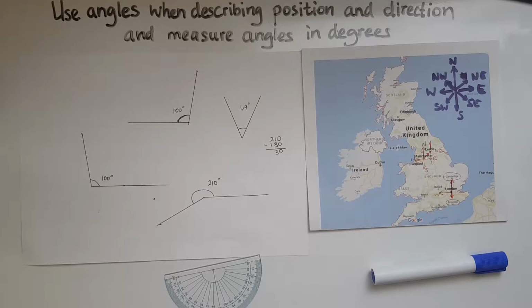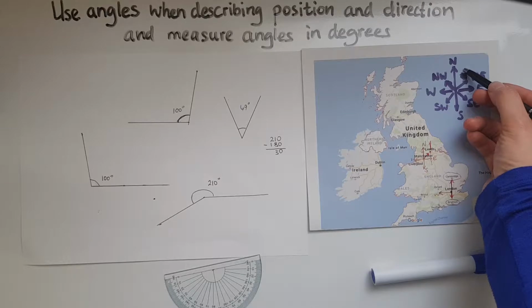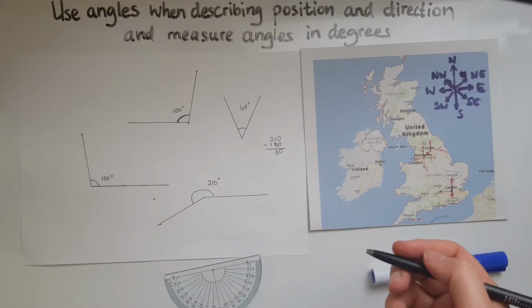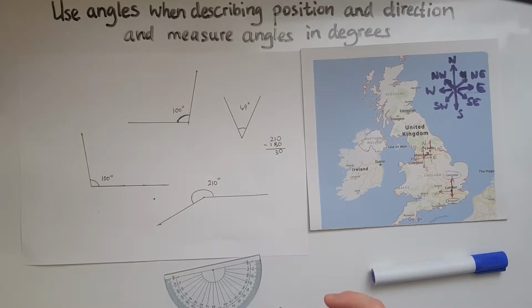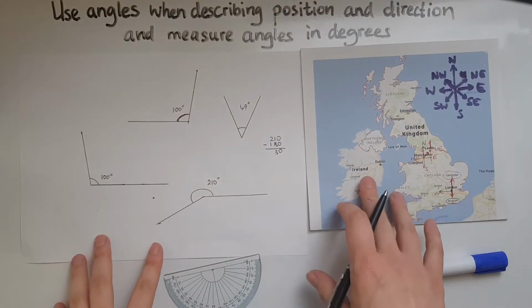Now that is a useful way to describe position and direction, but we'll try and be a bit more precise this time, because what if a place is right here? It is within maybe northeast, but is it more like north?